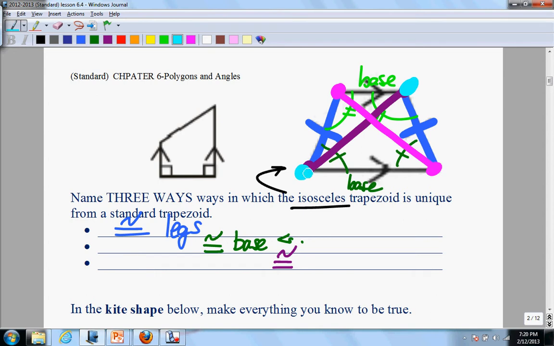Put your thumb and forefinger, pinch that distance. Now swing that distance around and finger pinch on the green dots. And you should notice that the diagonals are also congruent. The congruent diagonal lengths. Now they do not bisect each other, but they are congruent in their lengths.